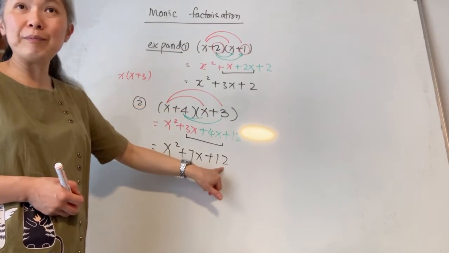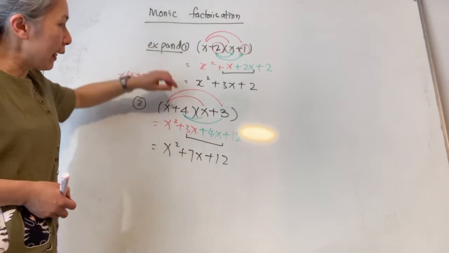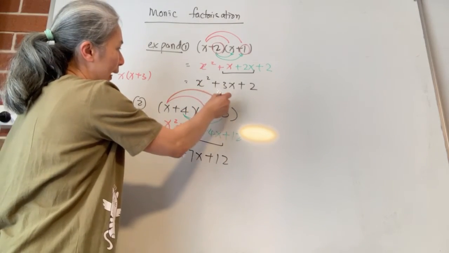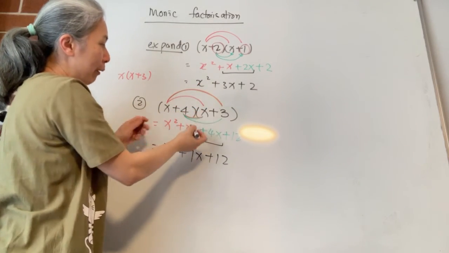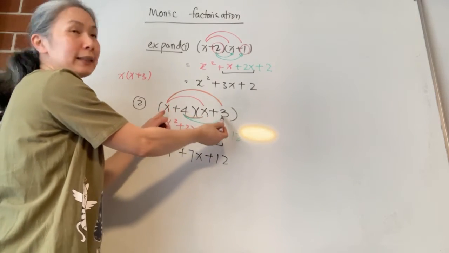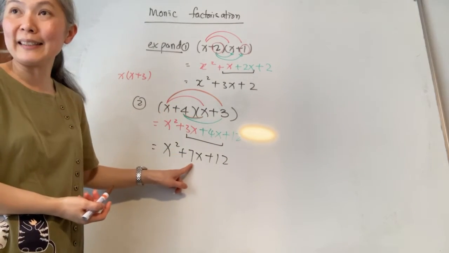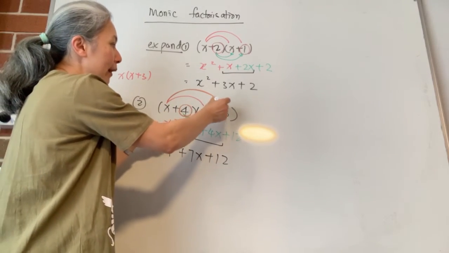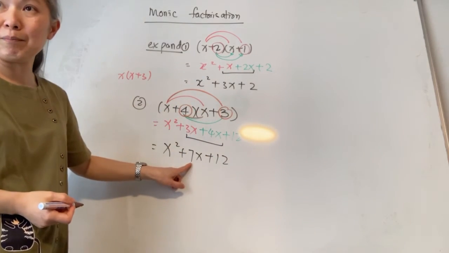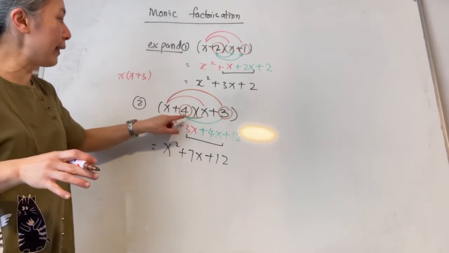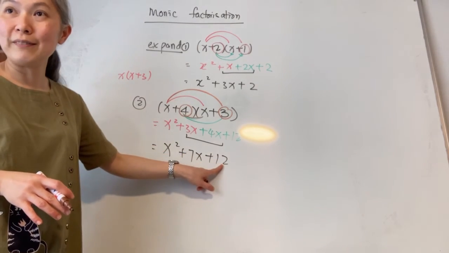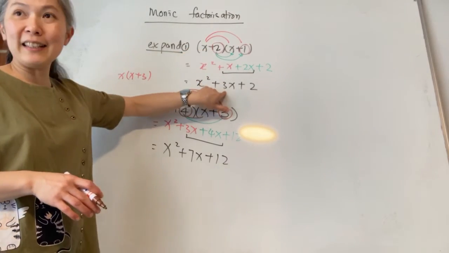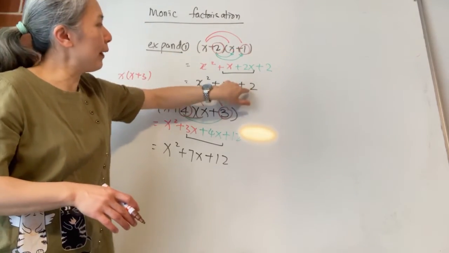That's why you get the 12. And the middle term comes from this branch in here and that branch in there, which is the 4x plus the 3x. That's why you get the 7x. So when you add these two numbers, you get 7. When you multiply them, you get 12. These two numbers, if I add them, I get 3. If I multiply them, I get 2.